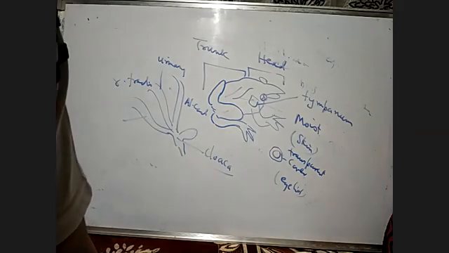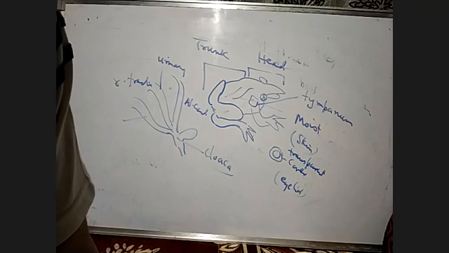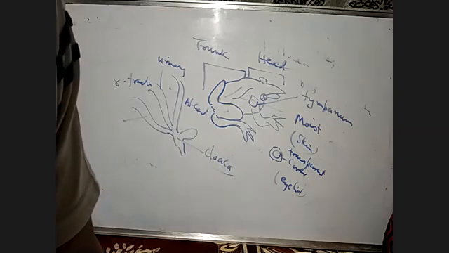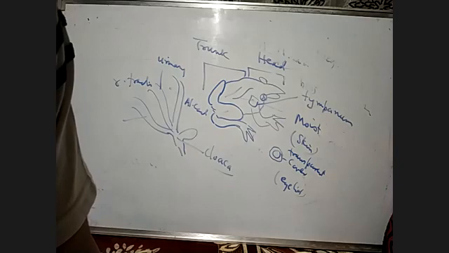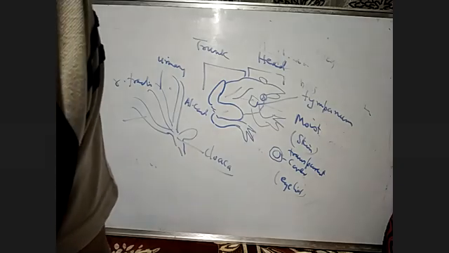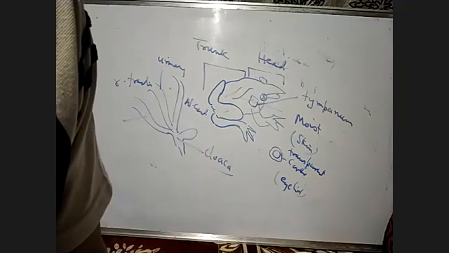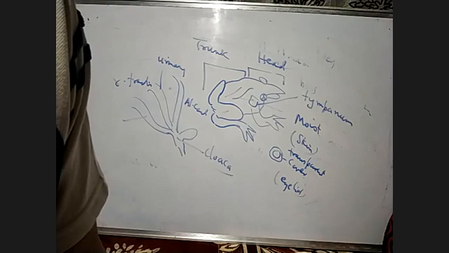When they come on the land in the adult stage, metamorphosis takes place, and the larva changes into the adult stage. The egg will hatch into a larva in the water, and for a few days it is an aquatic animal having all the characteristics of an aquatic animal.